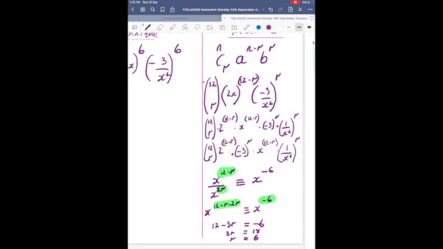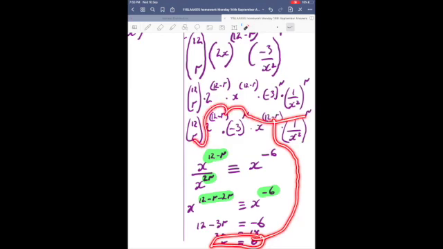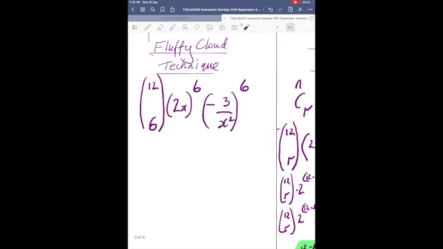Once you get r equals 6 down here, you go back up to here and sub it in every time you see r. Essentially you just get the same equation as on the left. So I'm just going to finish this off.